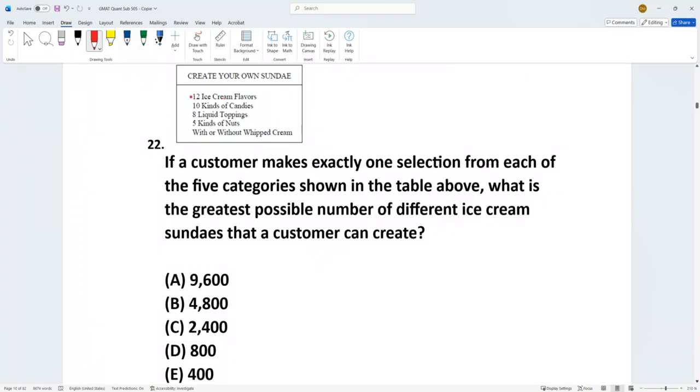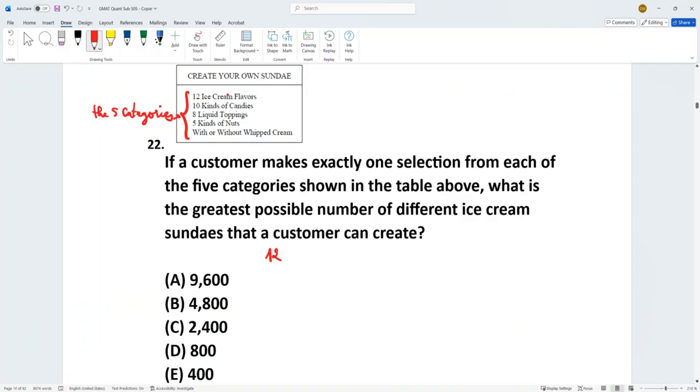Okay, so here we have the 5 categories. In order to make a sundae, we have to choose one from each of the categories. So for the first category, we have 12 possible choices, because it says if a customer makes exactly one selection from each of the 5 categories, so we have to make one selection from each.